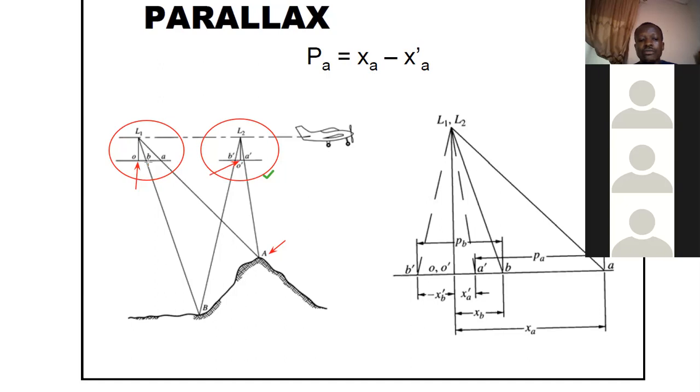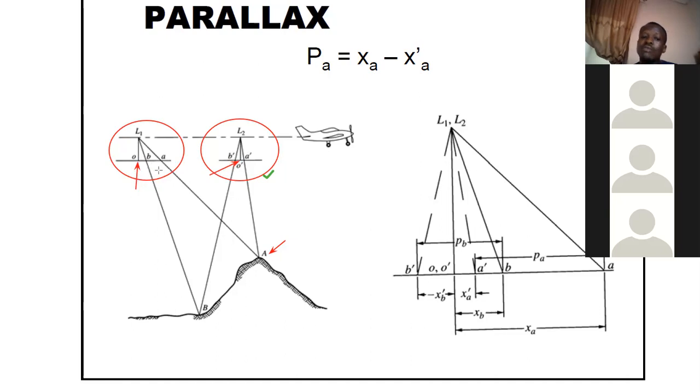Now take note of the position of B, and what it was before. It was on the left-hand side of the principal point, which is the center of the photograph. And then we have A on the right-hand side, but it seems to have shifted a bit closer to the center of the photograph.